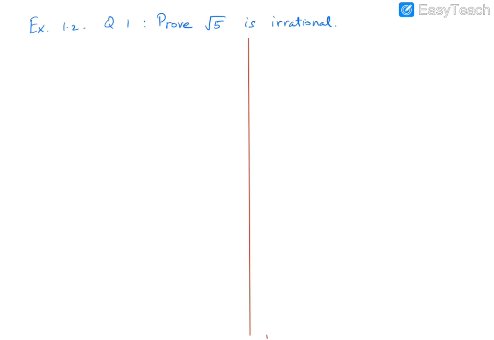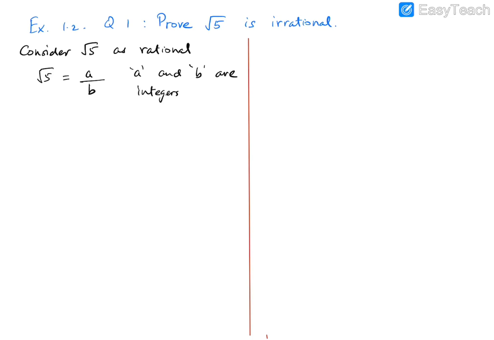For that we will first consider the given number root 5 as a rational number. If it is rational, we can write that number as a ratio of integers a and b, where a and b are integers and b is not equal to 0.